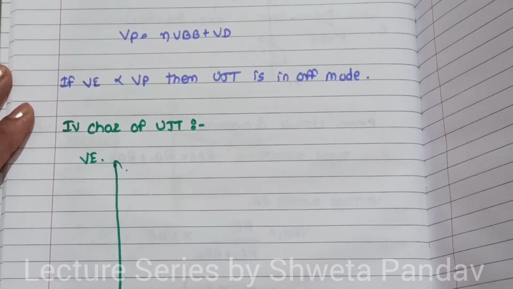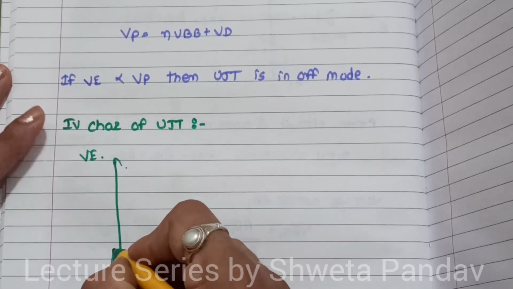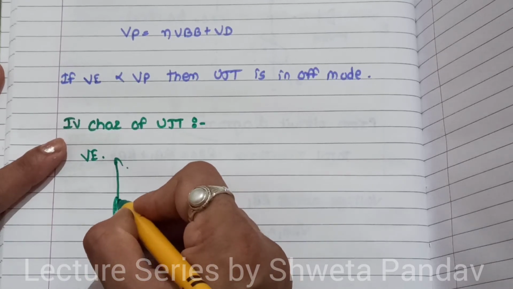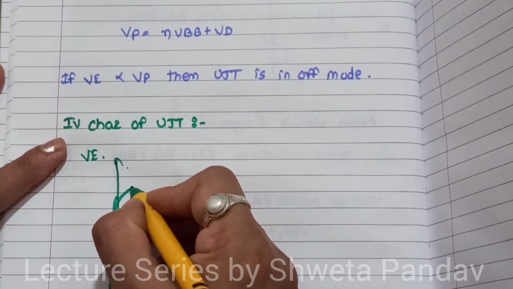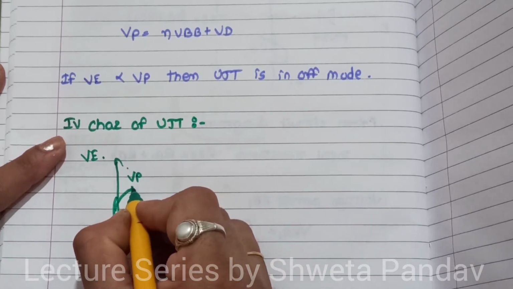Now initially, as the emitter potential is less than the peak voltage, a small amount of current is flowing across the UJT, and whenever it reaches the peak voltage, then UJT is turned on.